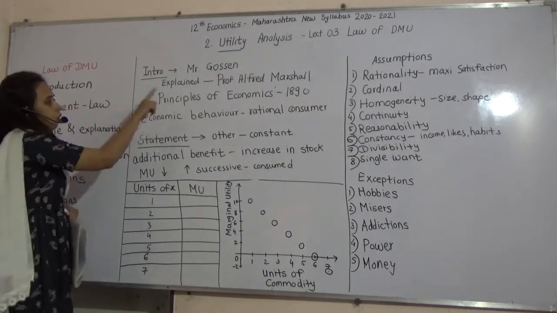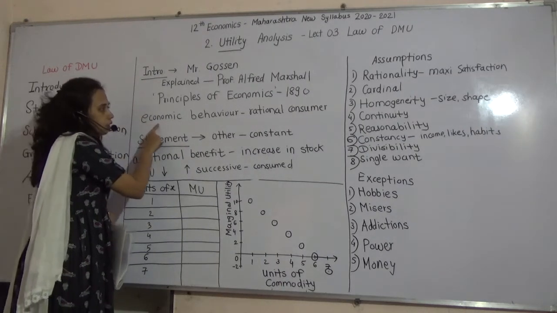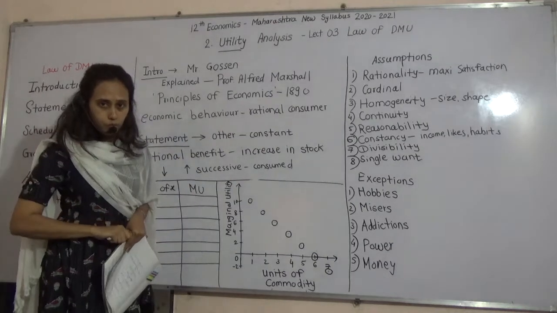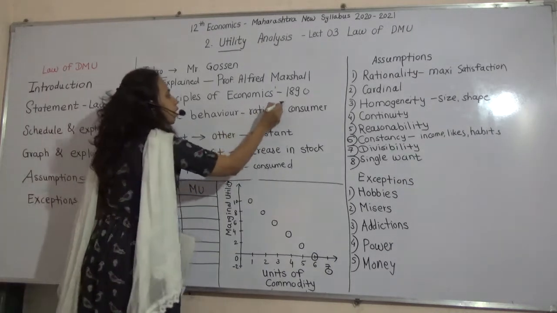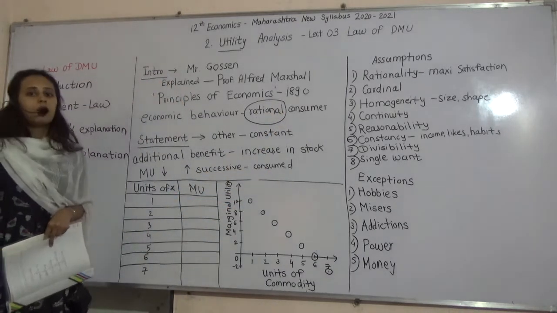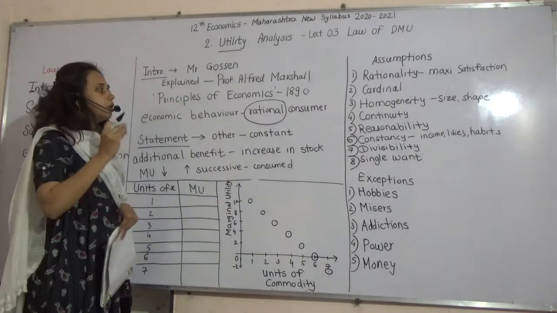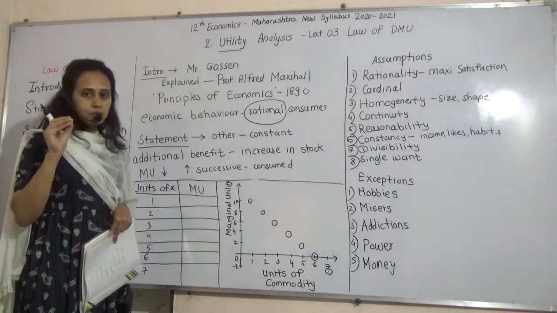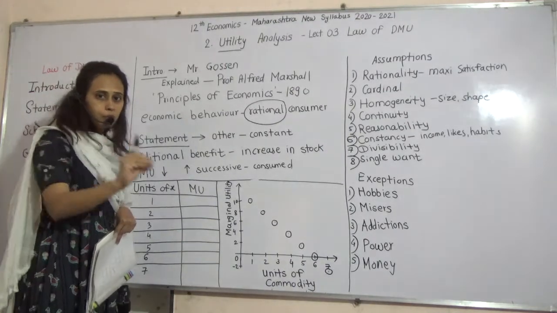And this law explains the economic behavior of a rational consumer. Now, who is a rational consumer? What is a rational consumer? A rational consumer means the consumer who is interested in maximum satisfaction with minimum input.